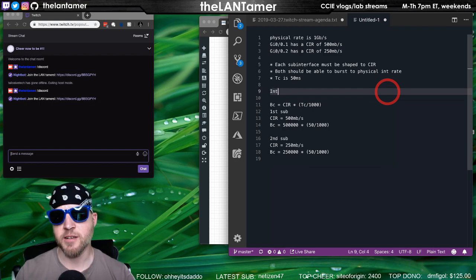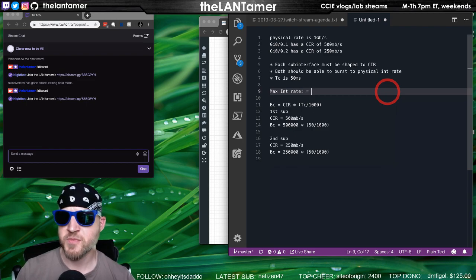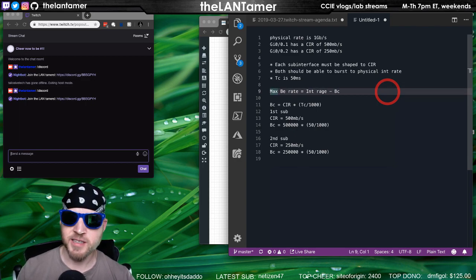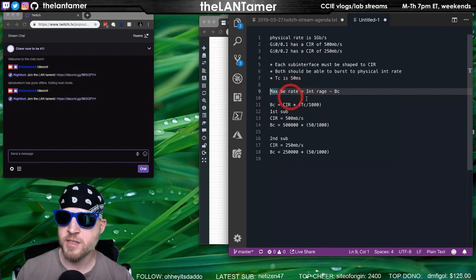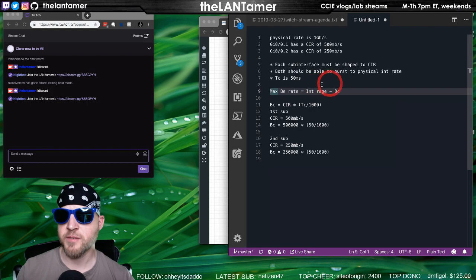So interface rate is going to equal BC plus BE. Let's do it like this actually: max BE rate equals interface rate minus BC. That's not an exact formula, but anyway, if you want to get the largest burst size available, then you need to take the interface physical rate and subtract the BC rate from that.